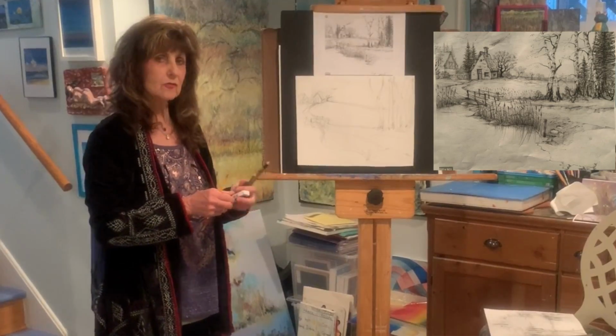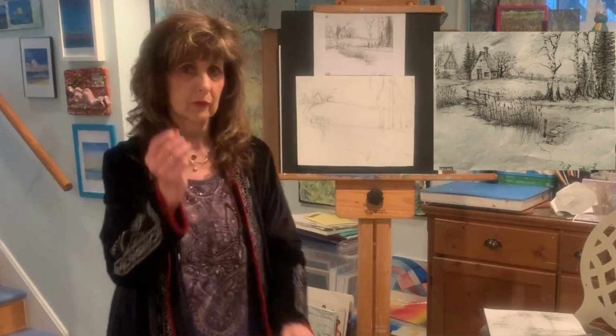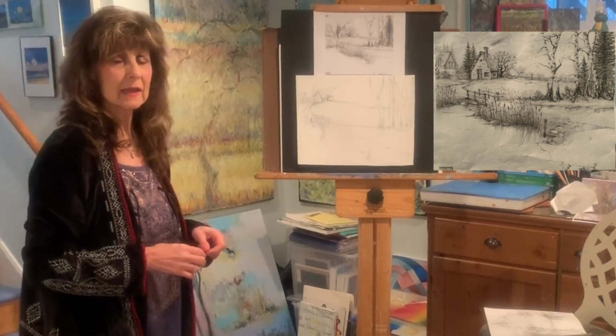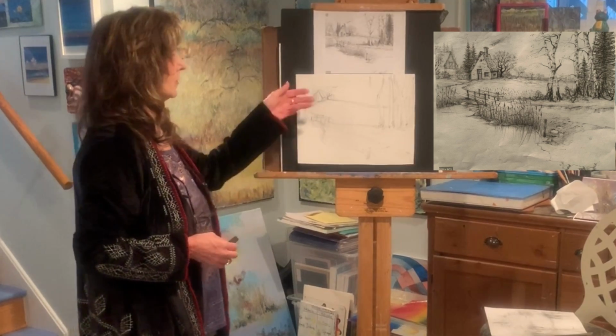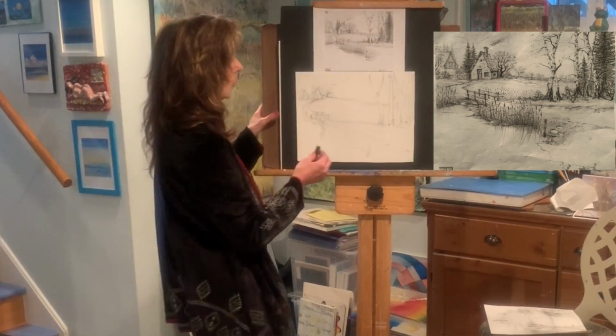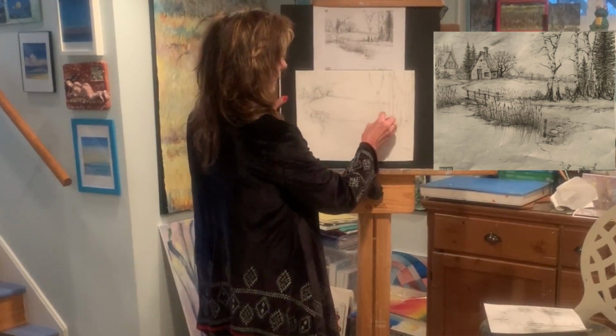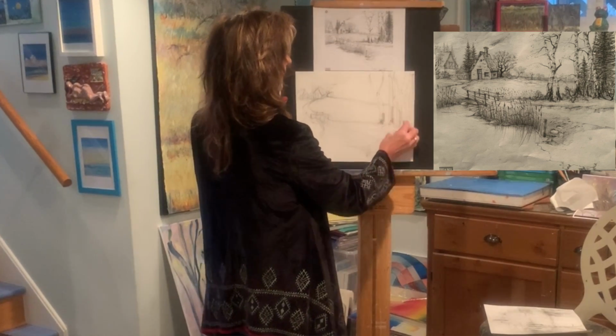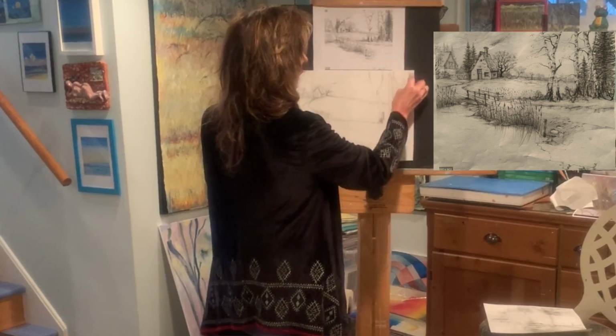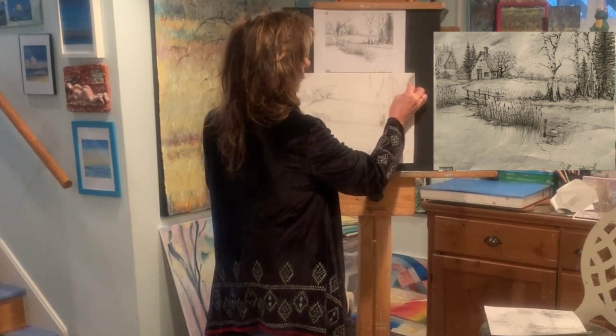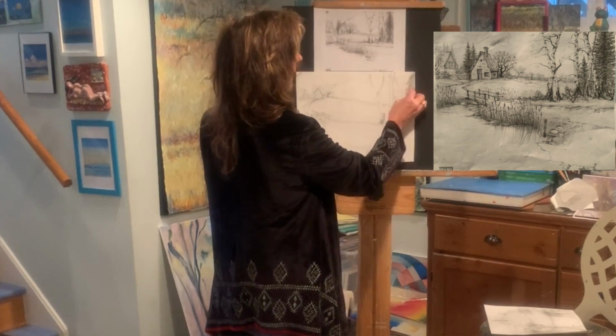Step two, and this is where I'll go for my bit of paper chalk. You want to block in your lights, mediums, and darks. The lights, of course, I'll leave, but I'm going to go into where my darker areas are, and I'm just going to lightly block them in. Now remember, this is going to be loose, and I'll refine it little by little as I work on it.